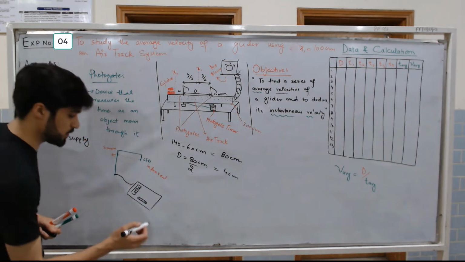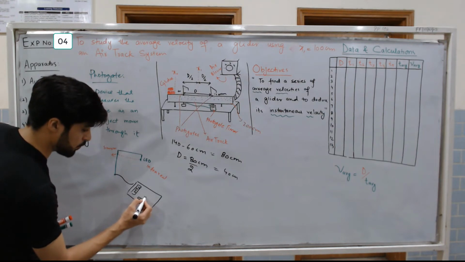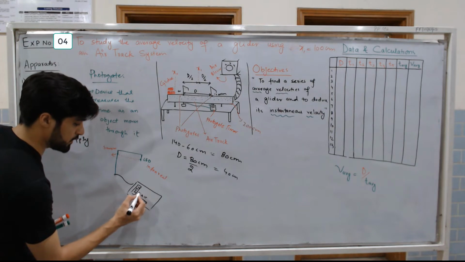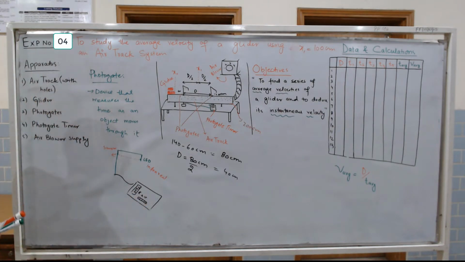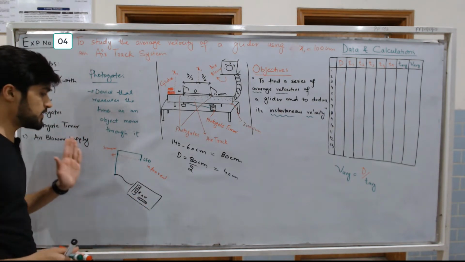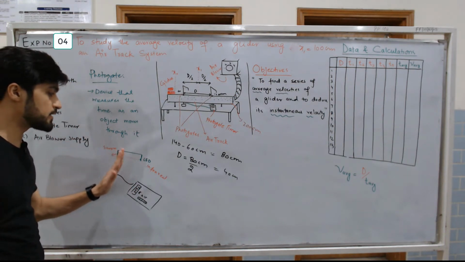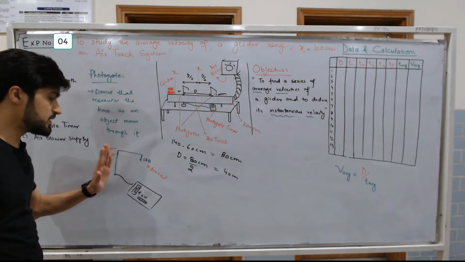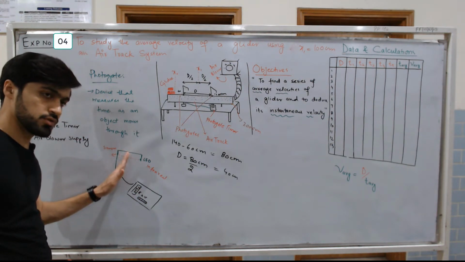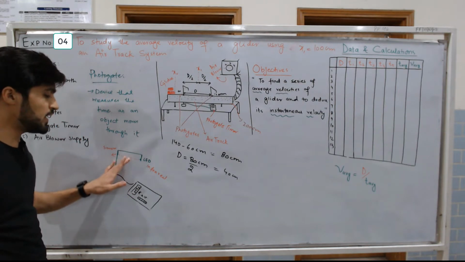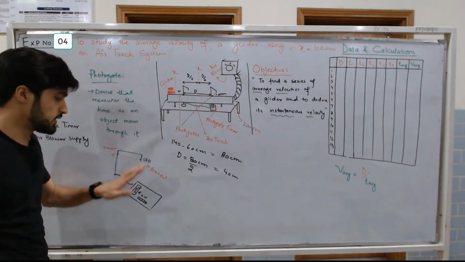We can move the switch to different modes: gate mode, pulse mode, or the pendulum mode. So what happens is, an object moves through this beam, so the beam gets blocked. At the instant it gets blocked, the timer starts, and at the instant it gets unblocked, the timer stops.